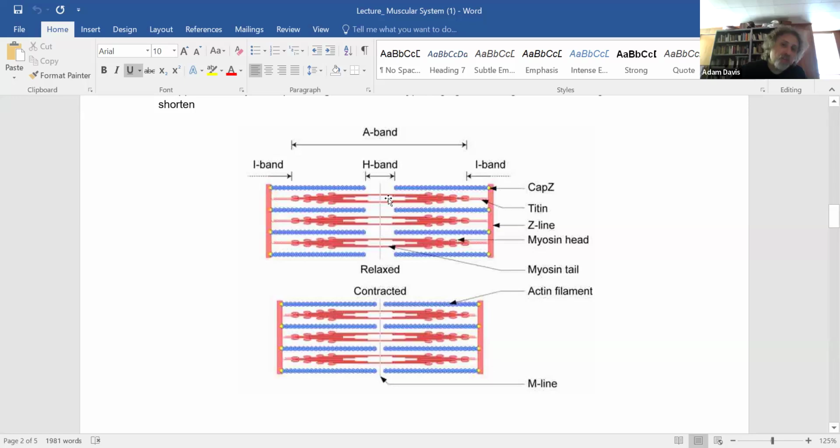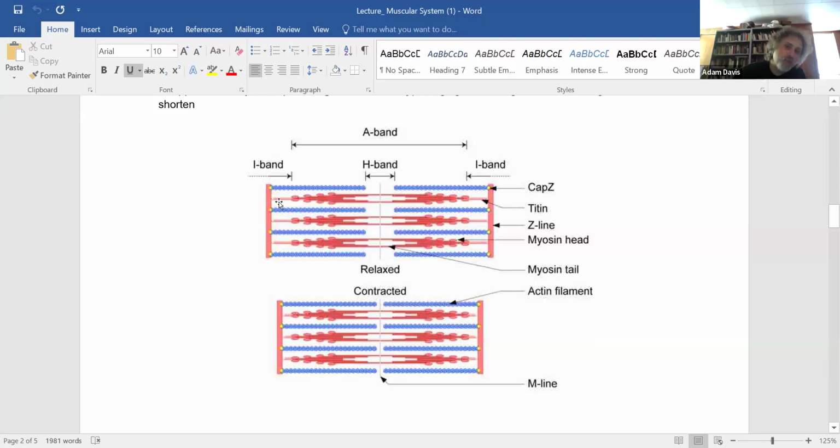They reach from the M line towards either end, towards the Z discs. So thick filaments go from the M line in the middle towards the Z discs. You see the thick filaments, which are made of myosin, don't reach all the way to the Z disc. There's a little bit of space in here. That's not part of the thick filament. The thick filament is just all this red stuff.